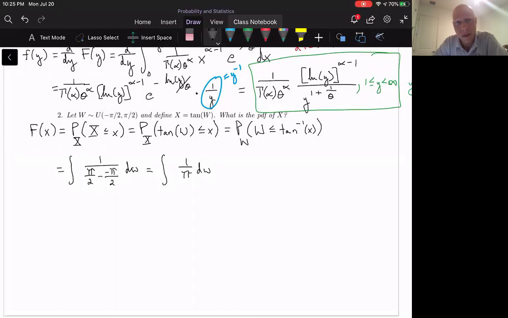Is it negative pi over 2 to pi over 2? That's the support. And so which one of those is the lower bound? Negative pi over 2. And what do we want to integrate up to? Pi over 2? But what does the P statement say? We want the probability that W is less than or equal to the arctan of x. That's our upper bound.